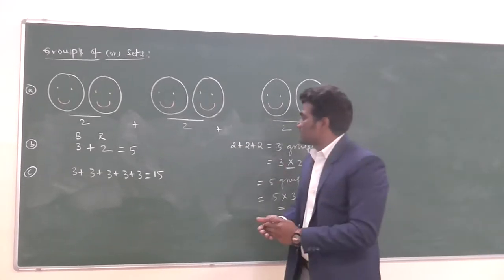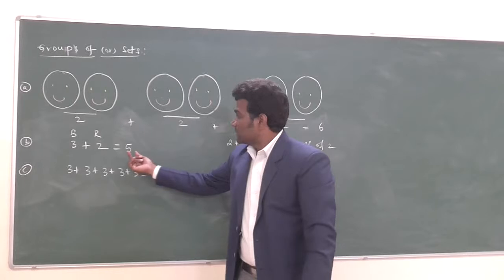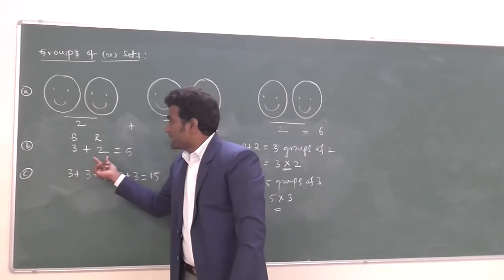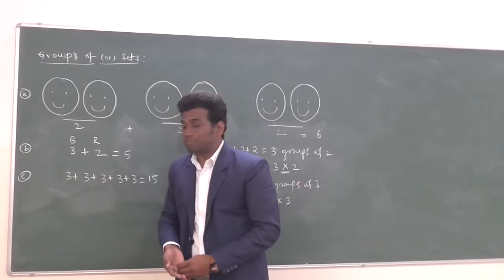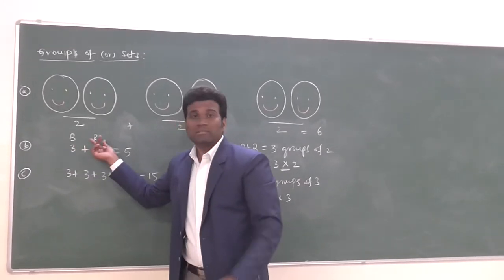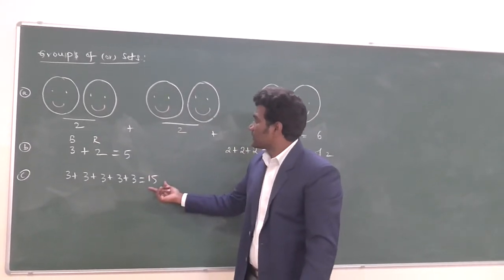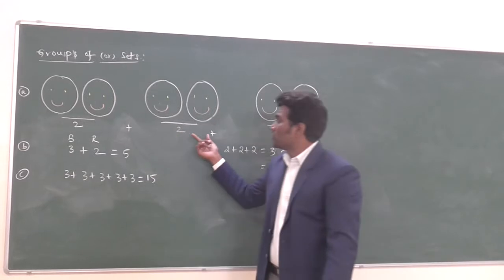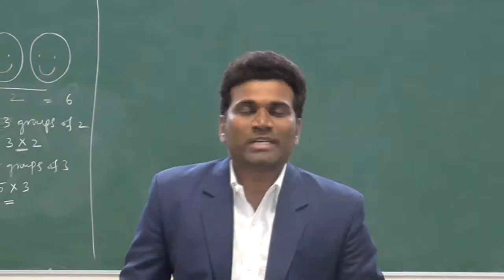The main difference is, in addition, the number of elements in each group can be the same or not, and they can be of the same kind or different. But in the case of multiplication, the number of elements in each group should be the same, as well as they should be of the same kind.